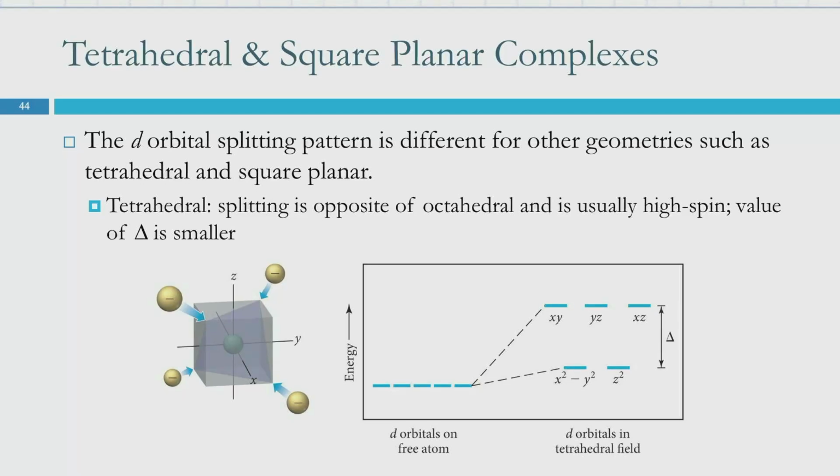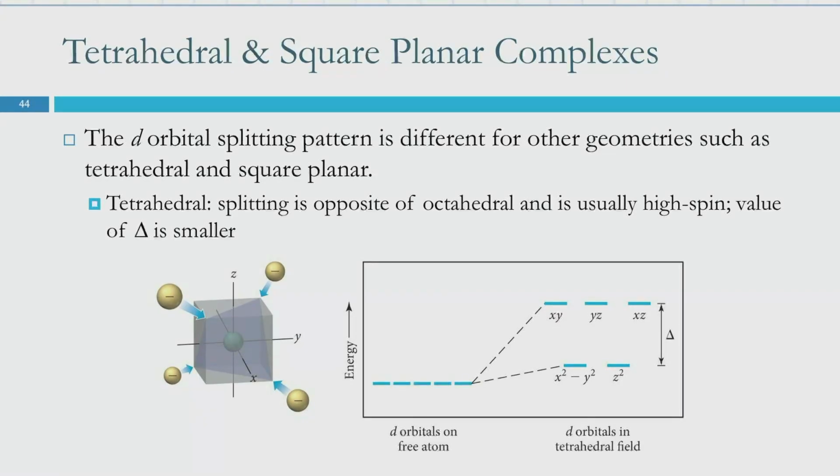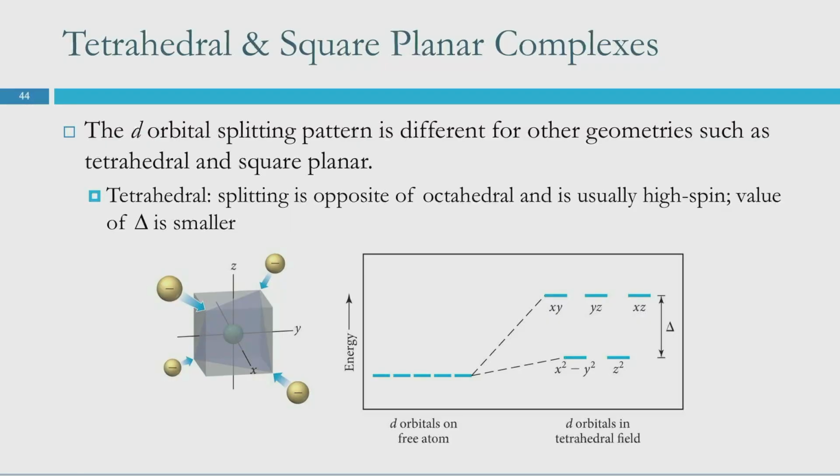There's also other shapes. So octahedral, of course, is not our only shape. There's also square planar complexes and tetrahedral complexes. For our tetrahedral complex, our splitting is the opposite of octahedral and is typically going to be high spin, since our overlap is going to be less and our crystal field splitting energy is going to be smaller. So we've split differently.